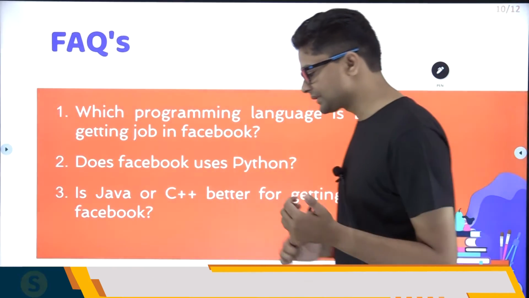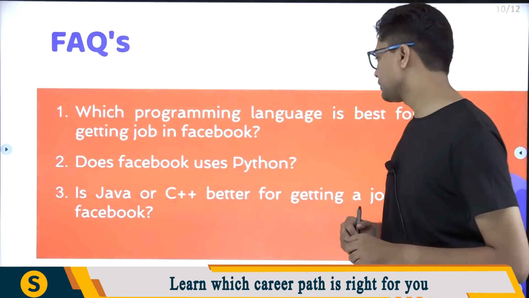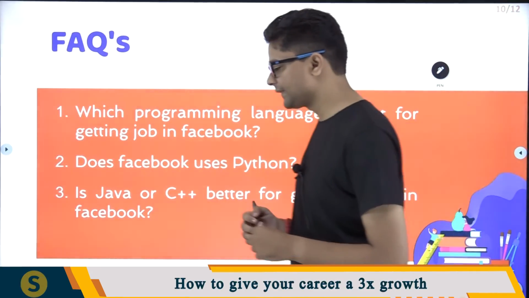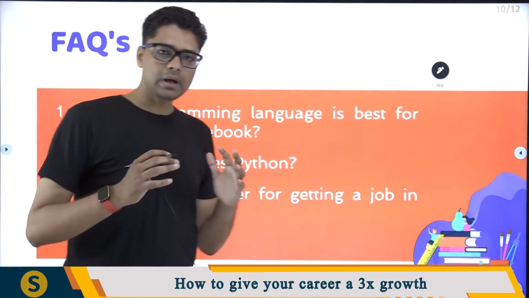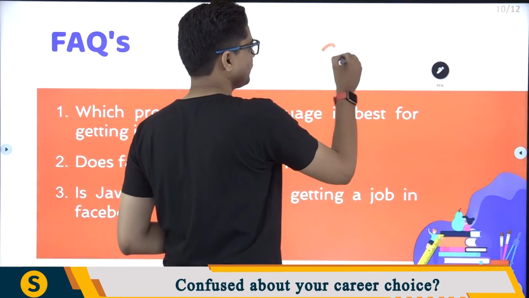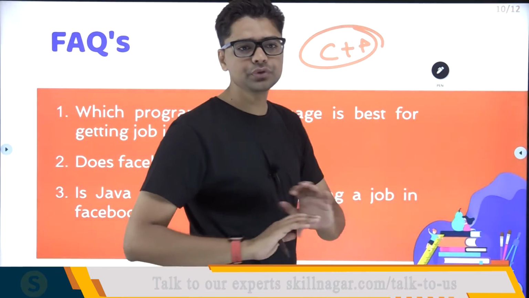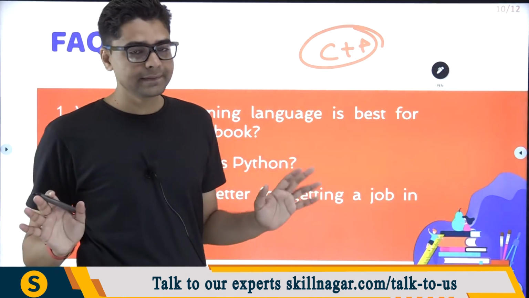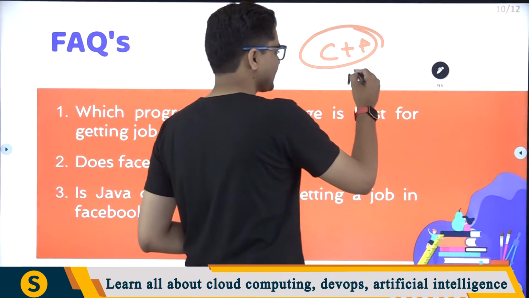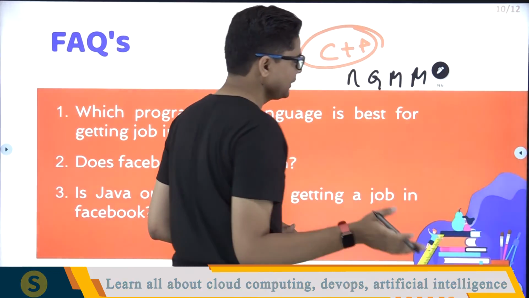Now, obviously, some students usually ask us questions related to this, so let me answer a few. Which programming language is best for getting a job at Facebook? Technically, if you want to get a very good job, you should focus on C++, because this is one language which is still used by almost every big company on earth, be it Amazon, Google, Microsoft, or Facebook, I mean Meta.